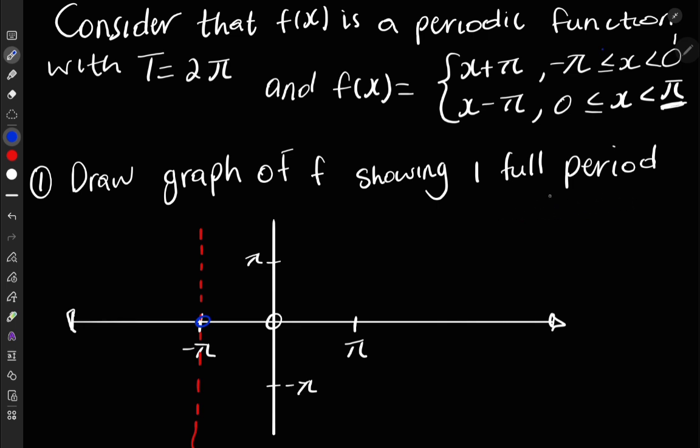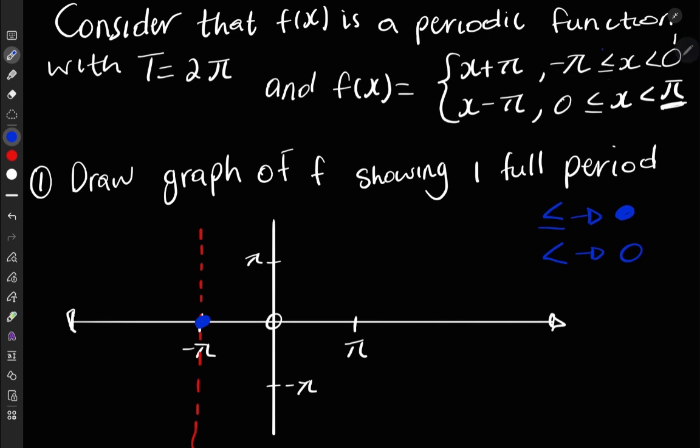So I'm going to show you that if they say less than or equal to, just know that the point will be a solid dot where it starts. But if it's just less than, it means it's going to have a hole. In this case, it's not going to be a hole because negative pi is included, so it's going to be a solid dot. And this runs from negative pi up to 0.